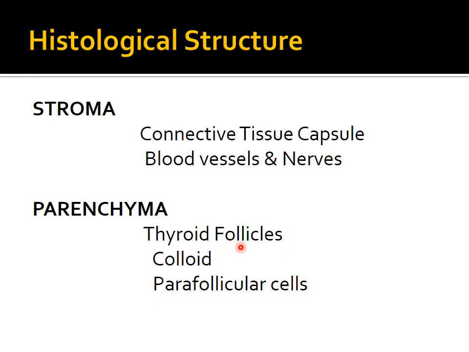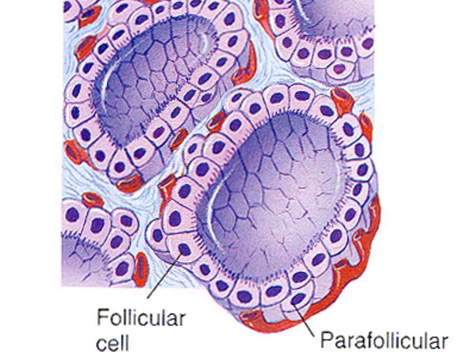These are thyroid follicles, and they are filled up with the colloid material, the gelatinous material stored inside the follicles. And it also has the parafollicular cells which are present in the parenchyma.